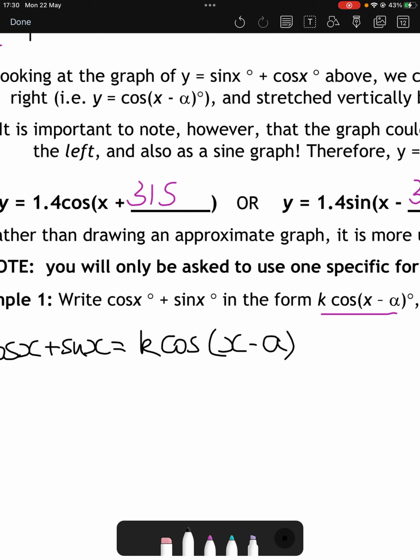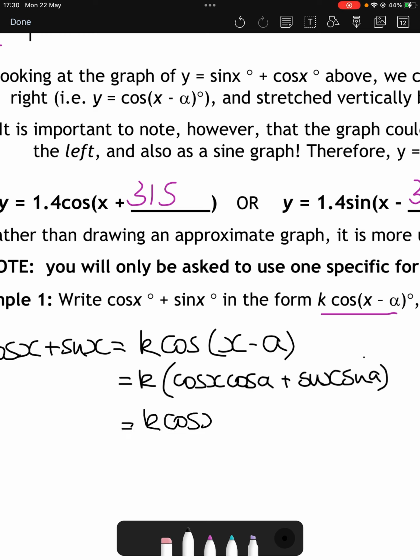Where have you seen cos of x minus a before? You've seen it on your formula sheet. So we're going to go to our formula sheet. Now I'm putting a bracket in because it's k times the whole thing. So cos x cos a, minus goes to plus, remember, look at your formula sheet, sine x sine a. We multiply both of those. Technically I should write alpha.